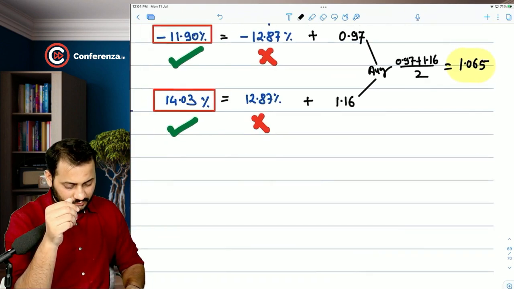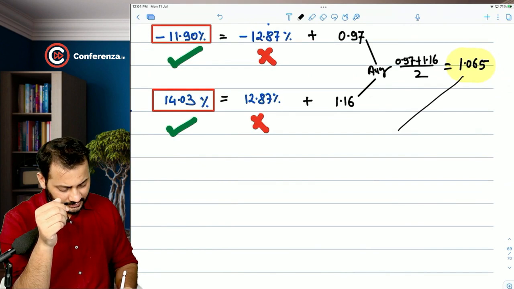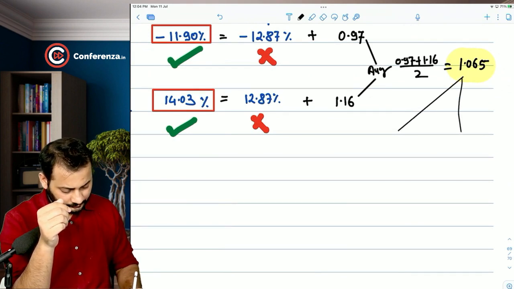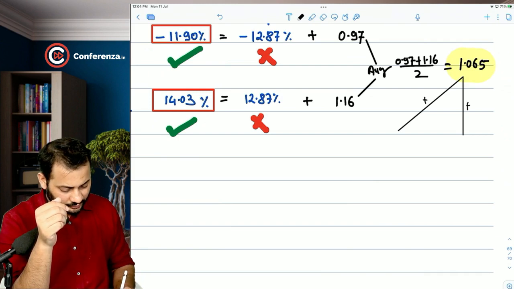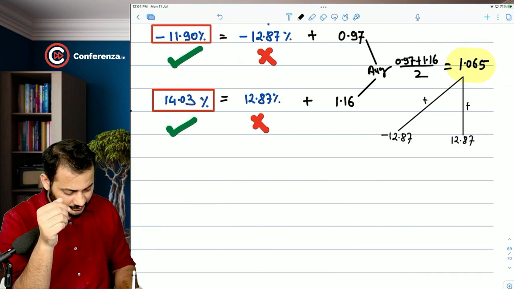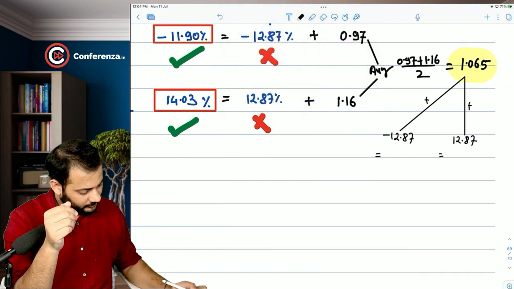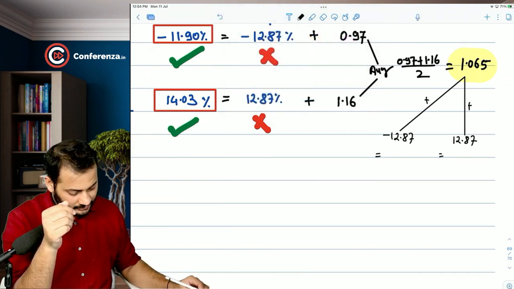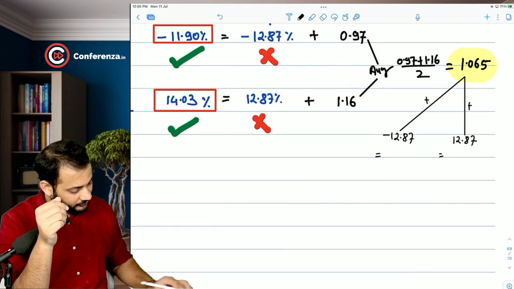Okay, now let's cross check the answers. We will add this 1.065 in both the figures, which is 12.87 and 12.87. The answer will be minus 12.87 plus 1.065.